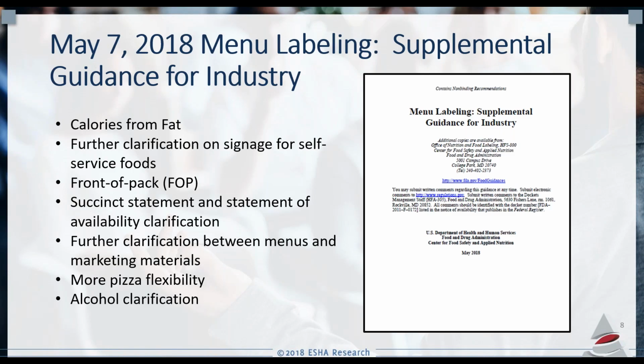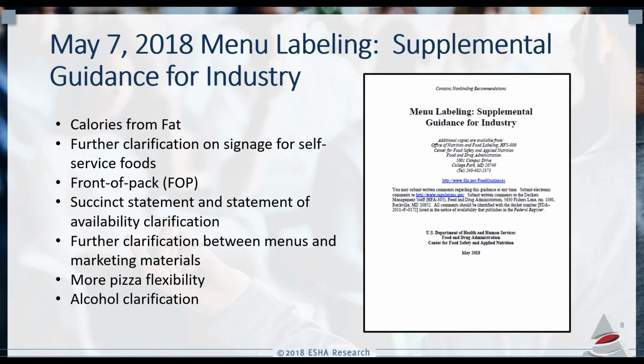Thanks, Ben. So May 7th, 2018 marked the compliance date for U.S. menu labeling regulations. As part of the Affordable Care Act, restaurants and other food establishments must provide consumers with access to nutrition information. Also on May 7th, 2018, the FDA released the latest related guidance titled Menu Labeling Supplemental Guidance for Industry.